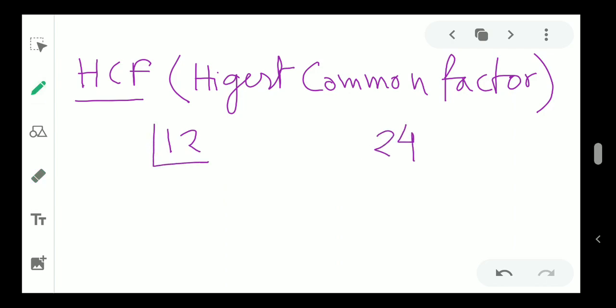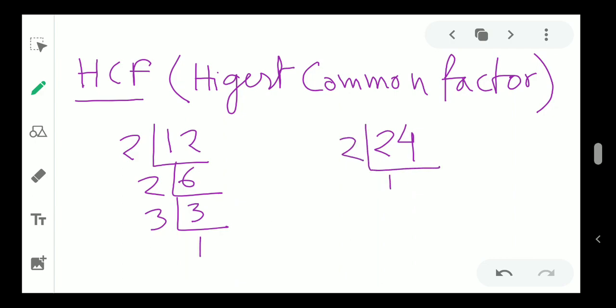Using prime factorization in the division method, I can write like this. I'm dividing 12 by 2, I get 6. I'm dividing 6 by 2, I get 3. I'm dividing 3 by 3, that is 1. For 24, again 2, 12, 2, 6, 2, 3, 3, 1.